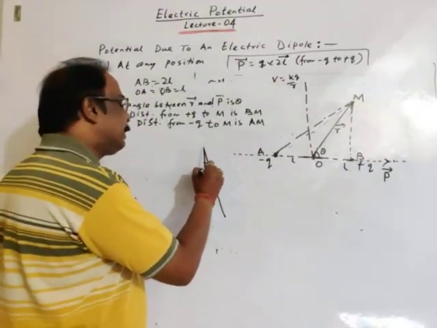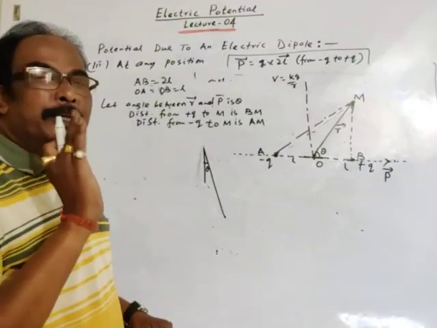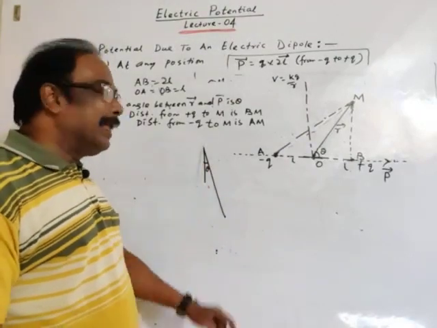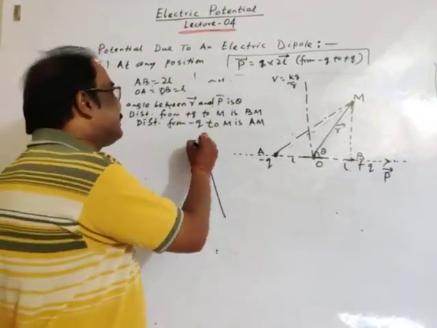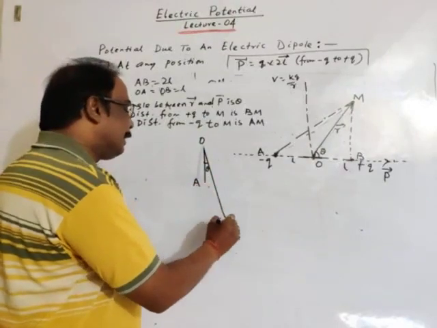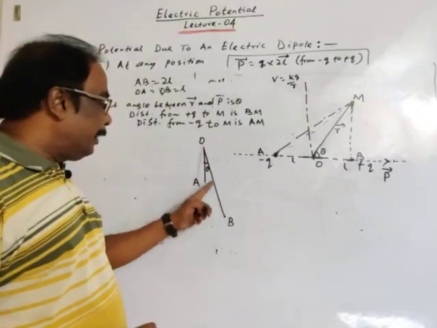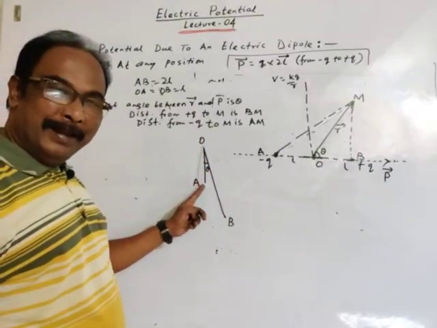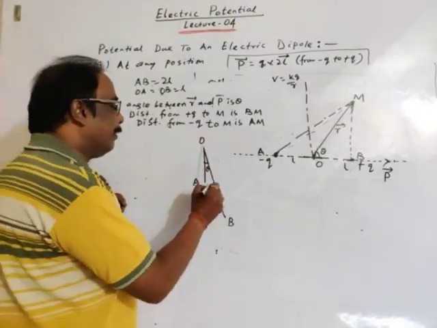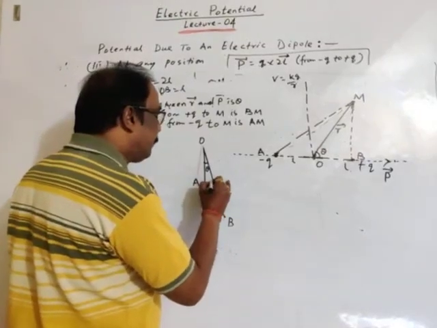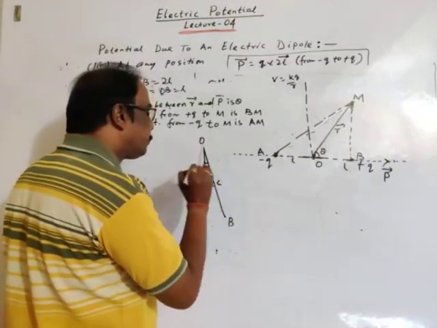This angle theta is very, very small. Okay, this is O, this is A, this is B. And as we see, length of OB is greater than length of OA. If this angle is theta, just draw a perpendicular to this position. Let this point be C.